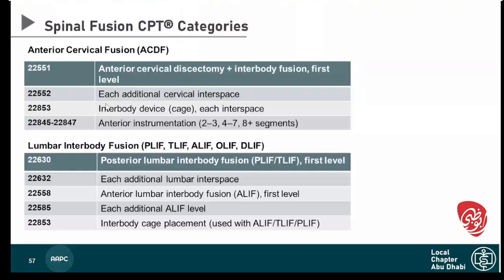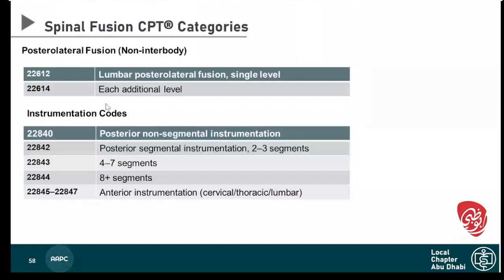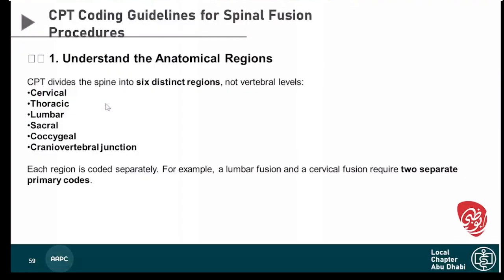So coders must check the approach and technique used, identify what level, and assign the appropriate CPT codes. And for each additional level, we have to assign the CPT code for interbody fusion and posterolateral spinal fusion.